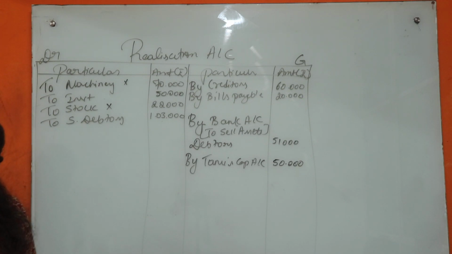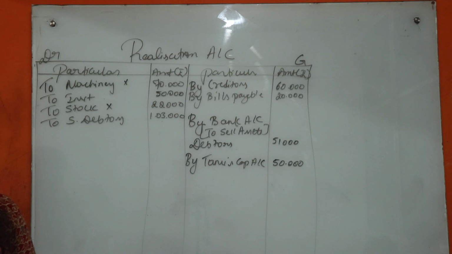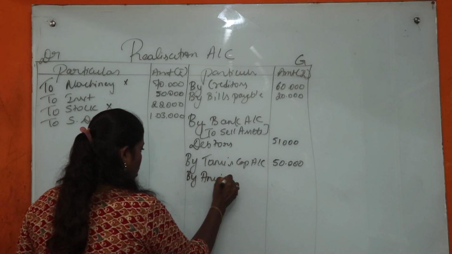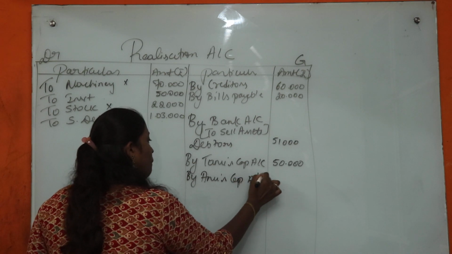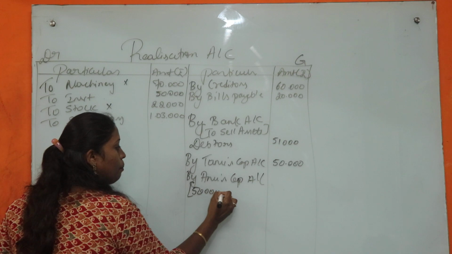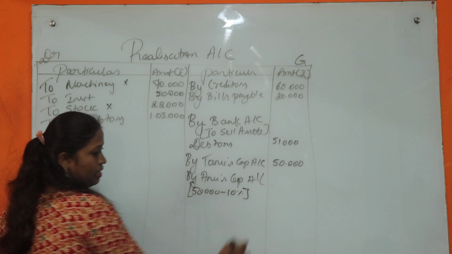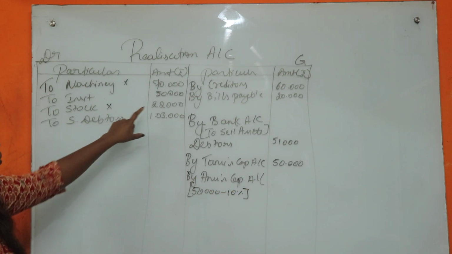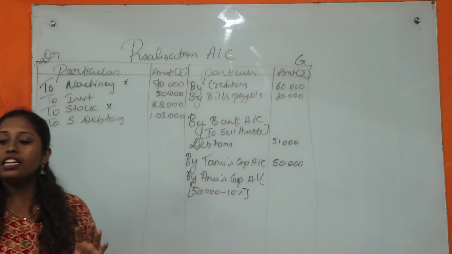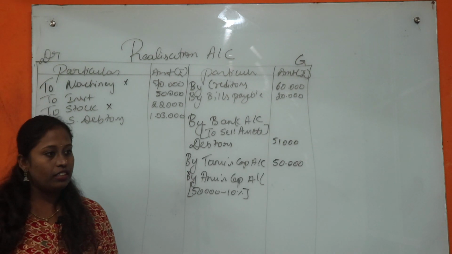Next, we also have one more item, that is debtors. Debtors taken over by Anu at 10% less, right? Therefore, by Anu's capital account. But there is one catchy line they have said here. It's worth 50,000, but she took it over at 10% less than book value. If book value is 50,000, she gave 10% less to the company.